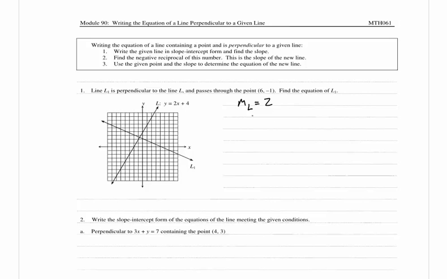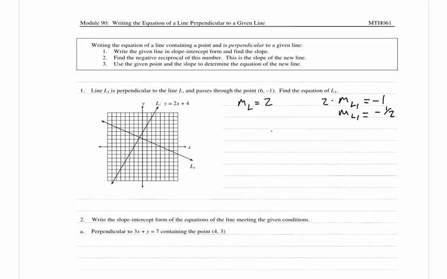And we know that the slope of line L and the slope of L1, since they're perpendicular, need to multiply together to give us -1. So we can say that 2 times m of L1 is equal to -1. And now we're going to divide both sides by 2, and we get m of L1 is equal to -1/2. So the slope of the line we're looking for is -1/2.